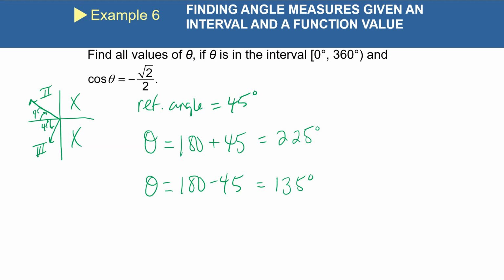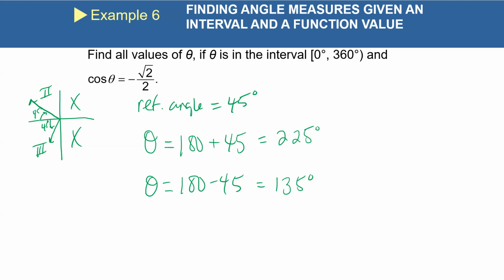Okay, so when we talk about square root of 2 over 2, is a 30, 60, 90 triangle going to produce square root of 2 over 2? No, because it's 1, 2, and square root of 3. So that means that the only triangle that will produce that is our 45, 45, 90, right? So therefore, my reference angle has to be 45. And because I don't remember who said it earlier, Johnny said we have to be in quadrant 2 and quadrant 3 because that's the only areas where cosine is negative.